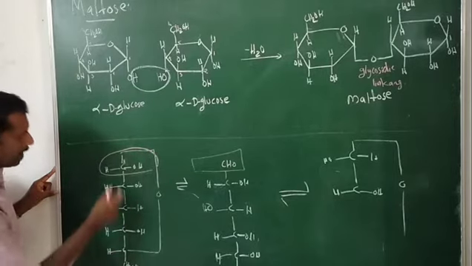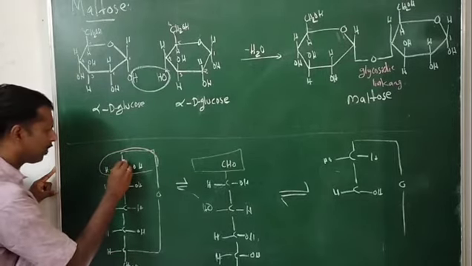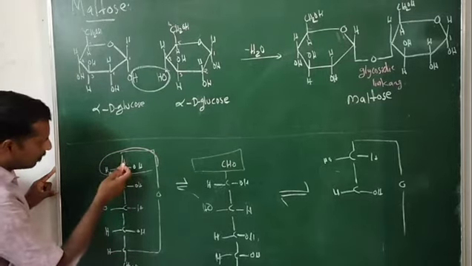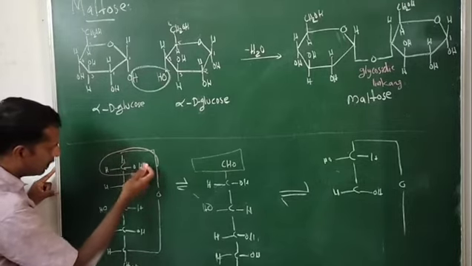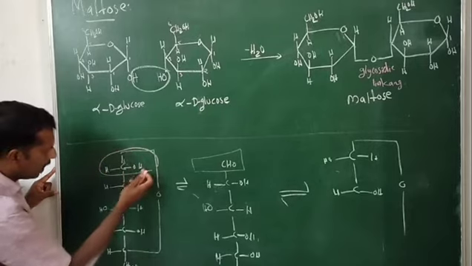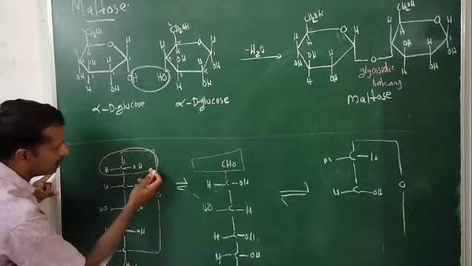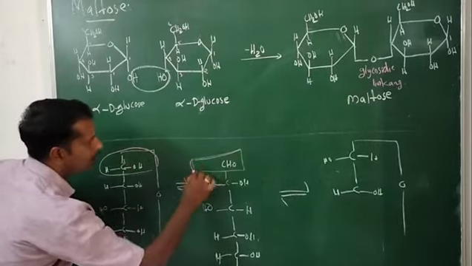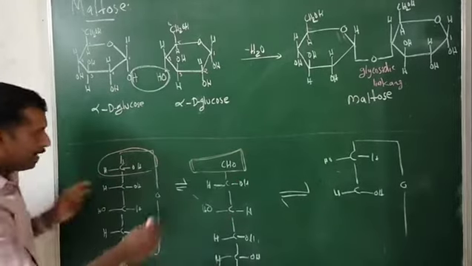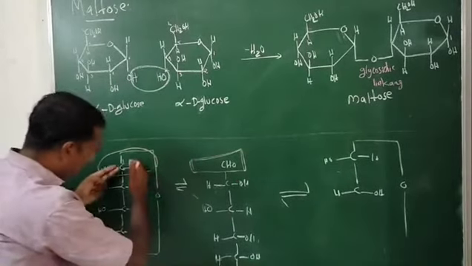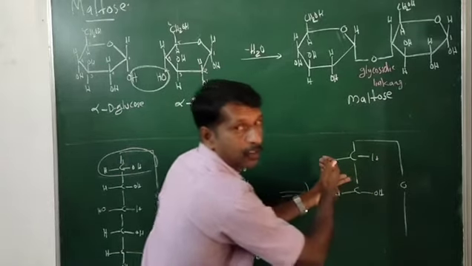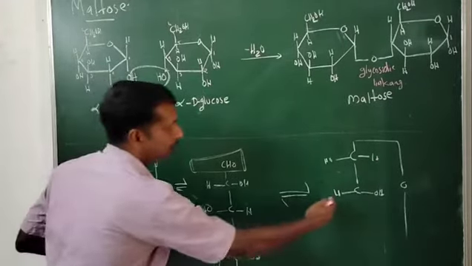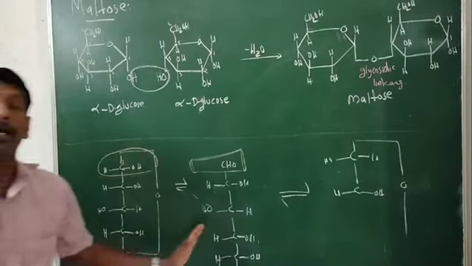This is the cyclic structure of glucose, and this same carbon can exist in equilibrium with the CHO group, the aldehyde group. And it can exist in equilibrium with beta D glucose. That is what is called mutarotation.